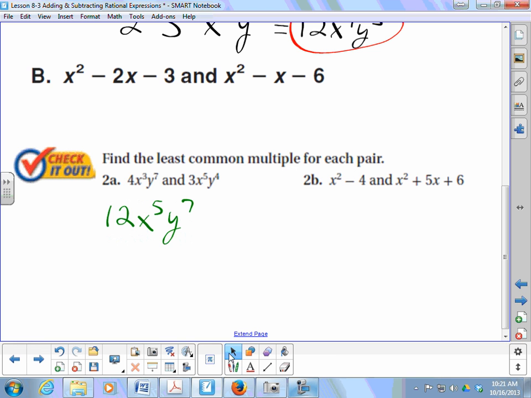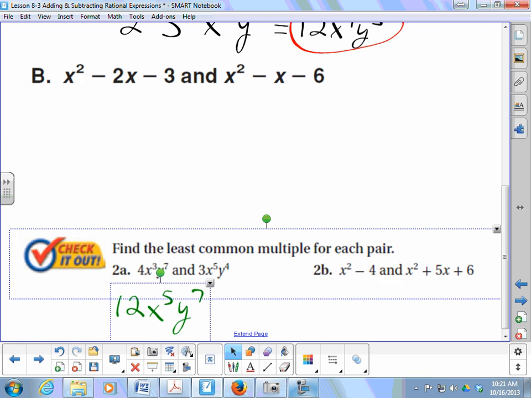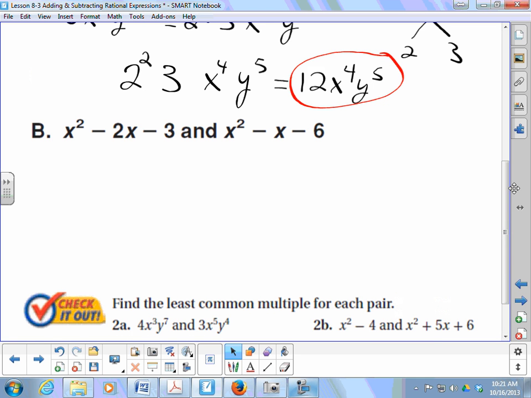Okay. All right, let's look at this other one with the polynomials then. Okay, so we're going to take each one of these and we're going to factor it. So step 1, factor.